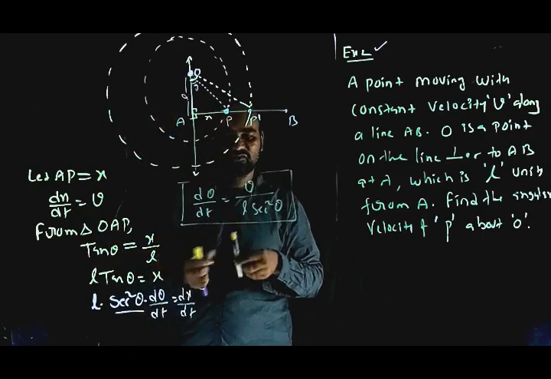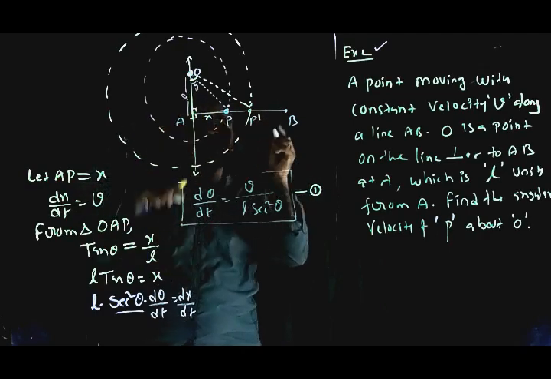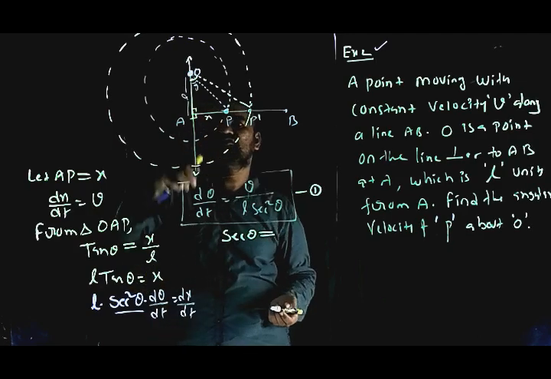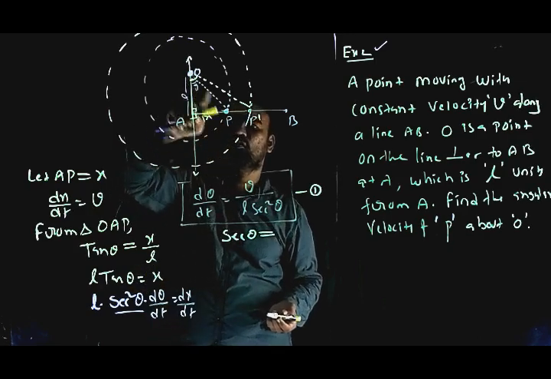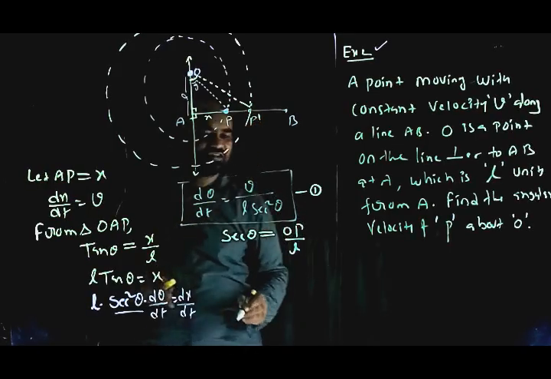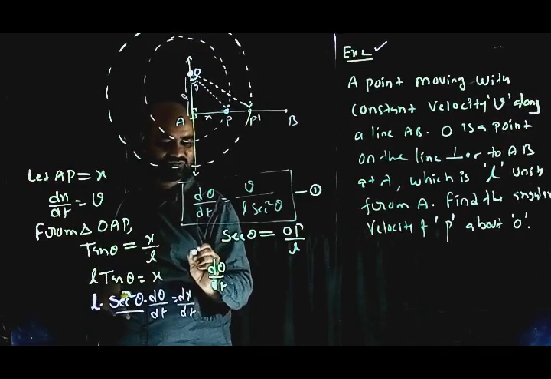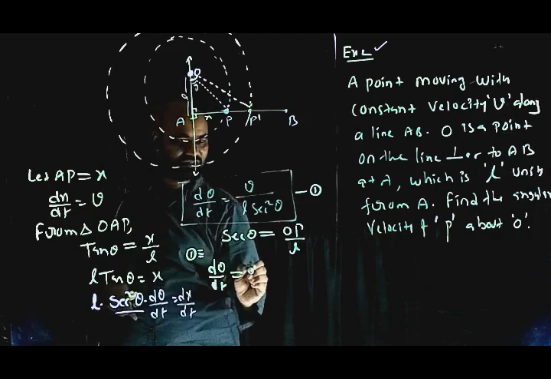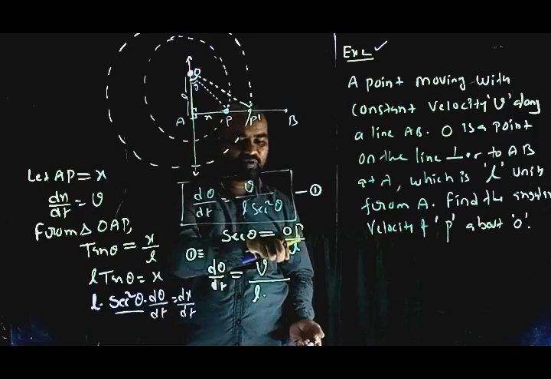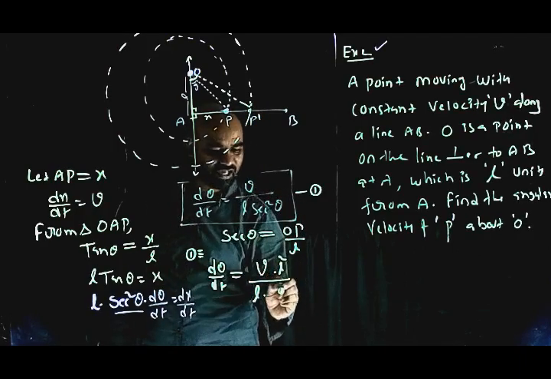So I want the value of secant theta. What is secant theta in the diagram? Secant theta is equal to OP by L. I can substitute that into the first equation: d theta by dt becomes v as it is, L as it is, secant square theta means OP square by L square, that is L square by OP square.